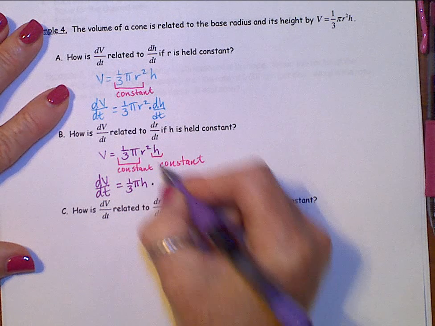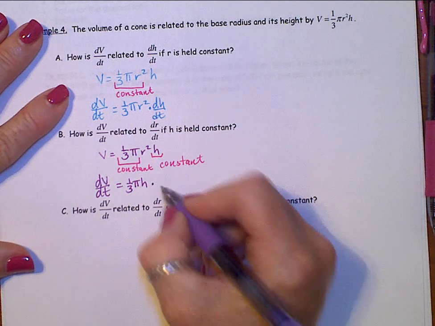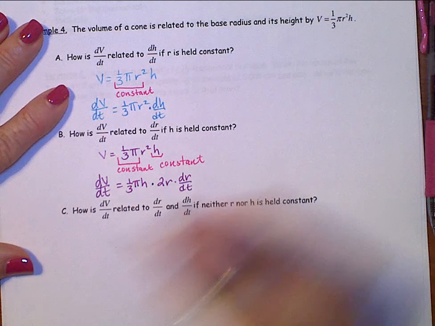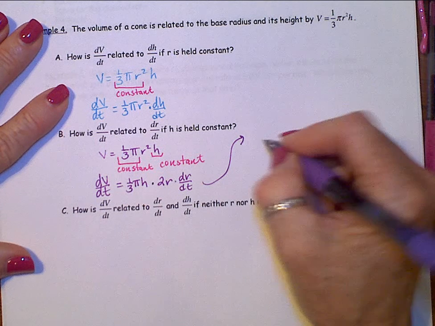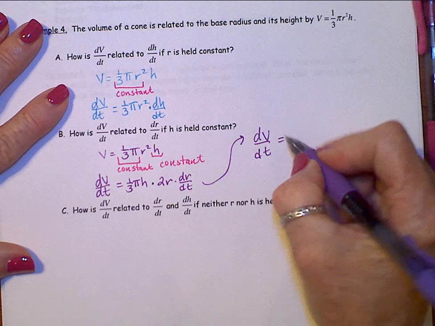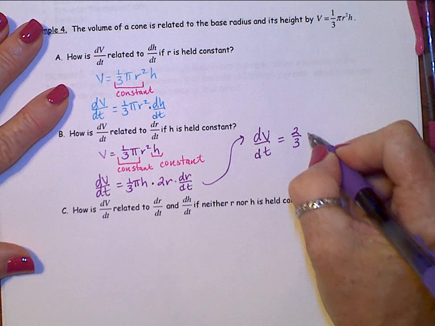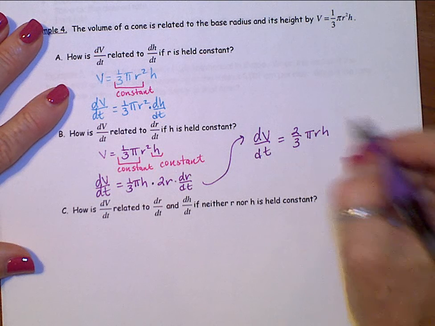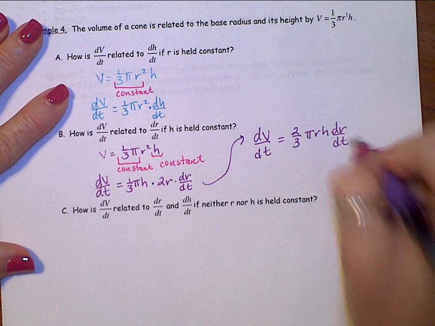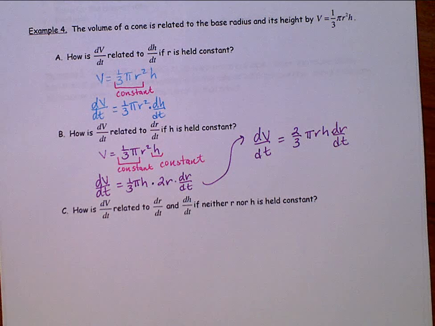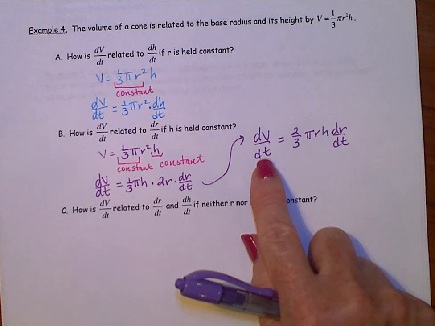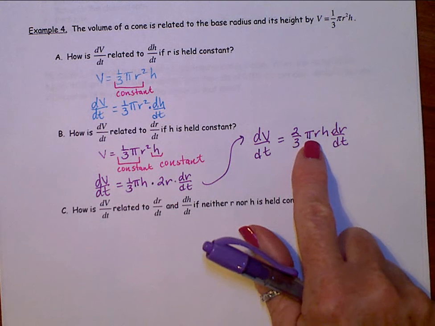Now the derivative of that r squared, 2r times dr dt. And cleaning this up, dv dt looks like we have 2/3 pi rh times dr dt. And right there, how is dv dt related to dr dt? Well, dv dt is 2/3 pi times r times h times dr dt.